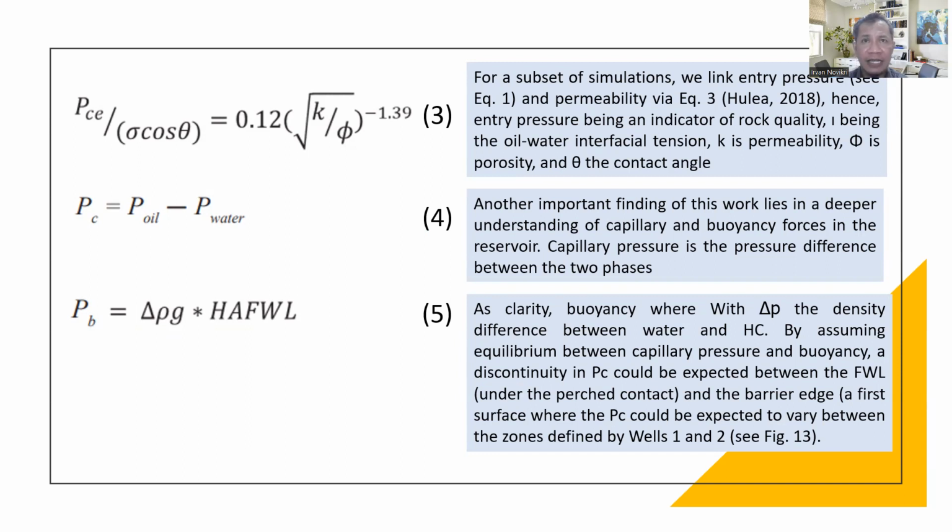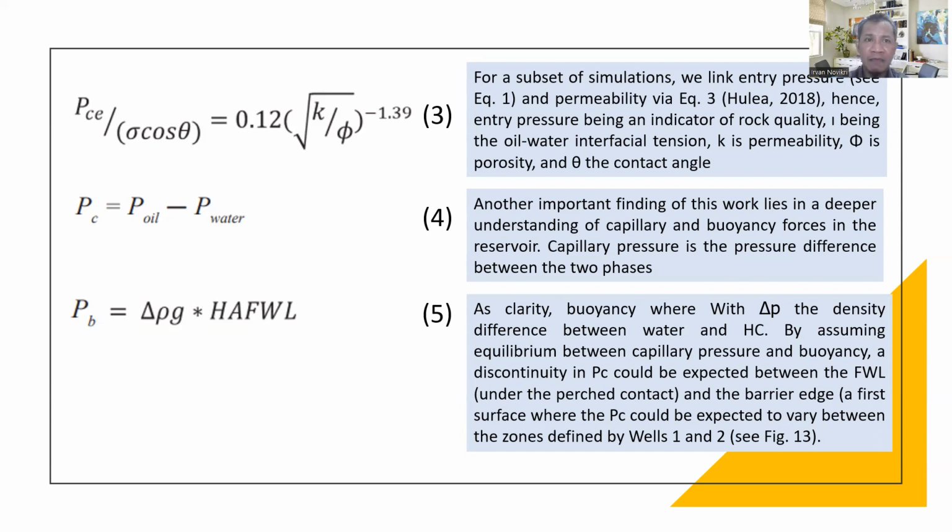The capillary pressure at the top of the reservoir should be consistent regardless of whether there is a perched contact or not, as opposed to the approach suggested by Adams in 2016. This means that the pressure difference between two phases should be the same, regardless of the underlying condition. Additionally, buoyancy refers to the density difference between water and hydrocarbon, affecting the pressure difference distribution in the reservoir.